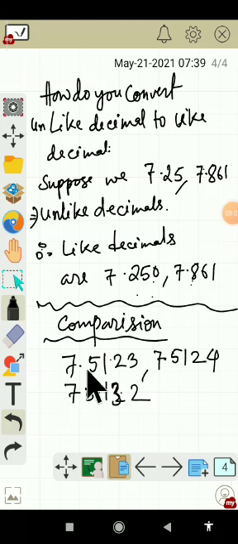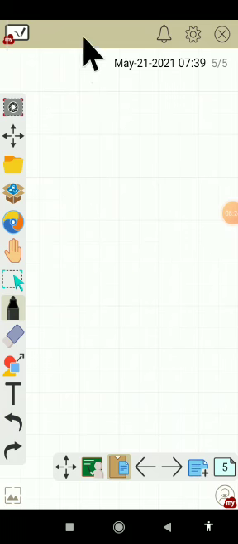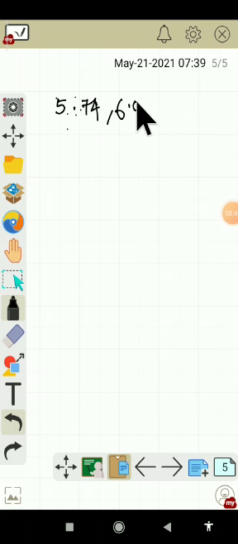First we check the whole number part. If any number has a bigger whole number part, that number will be bigger. Suppose we have 5.74, 6.03, 0.8, and now we have to compare which one is greater.